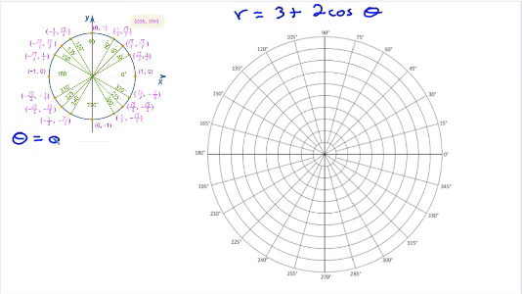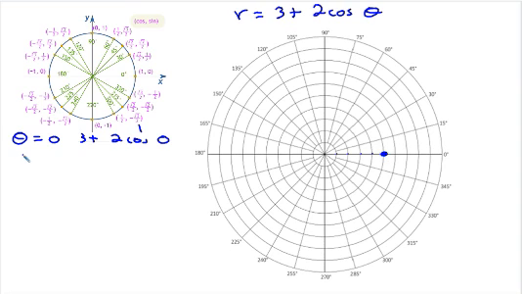Then I have 3 plus 2 times the cosine of 0. The cosine of 0 is 1, isn't it? So don't I have 3 plus 2, which is 5? So when the angle is 0, I come over 1, 2, 3, 4, 5. There's my point. The angle was 0.